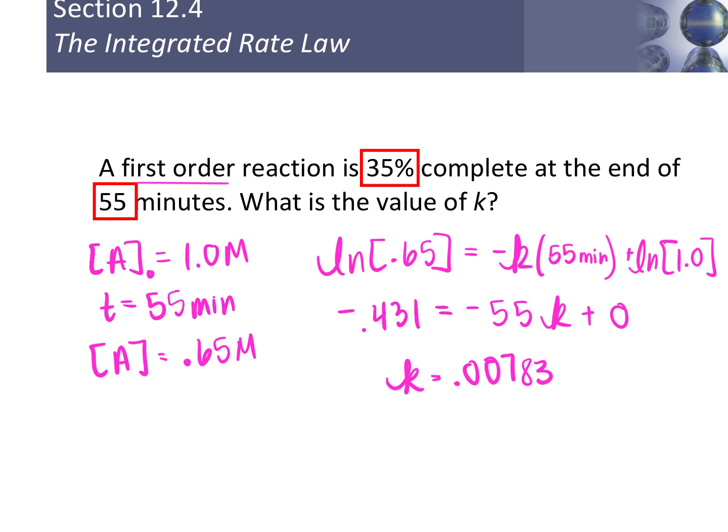Okay, do you know what our units would be here? It's first order, and we're using minutes. Molar per minute, almost, except our molar gets canceled, right? If this is molar and this is molar, it's really just 1 over minutes.